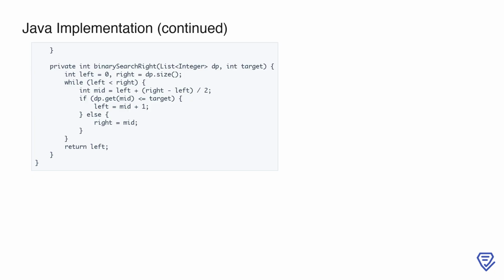Otherwise, we adjust the right pointer to mid. Once the loop exits, left will point to the correct position. This efficient binary search ensures that we find the position in logarithmic time, which is crucial for maintaining the overall efficiency of the solution. By combining this method with the main logic, we can determine the longest obstacle course at each position in optimal time.